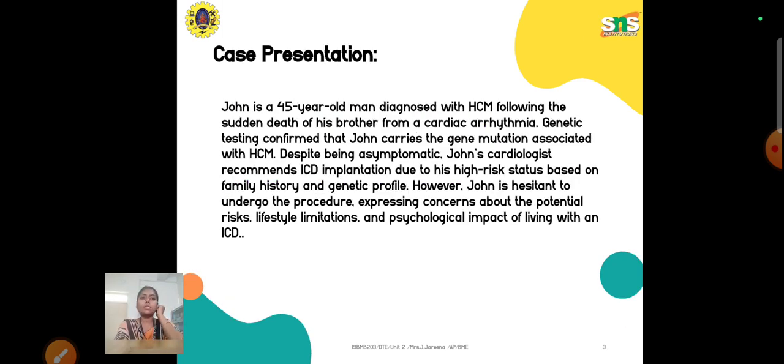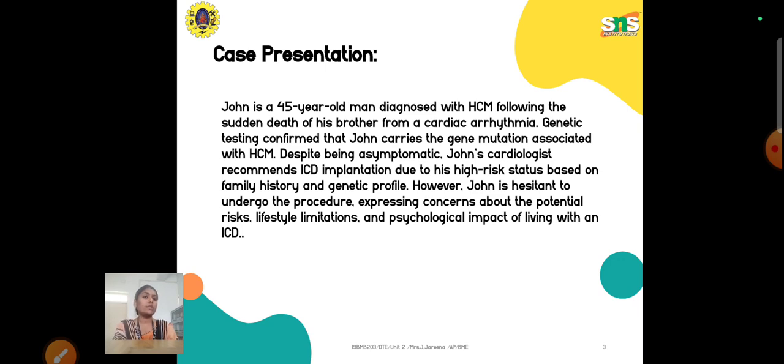So for the case presentation, I'm going to present a case of one patient, John. He is a 50-year-old man who has been diagnosed with HCM, and after taking so many tests, it has been confirmed that John carries a gene mutation associated with HCM.